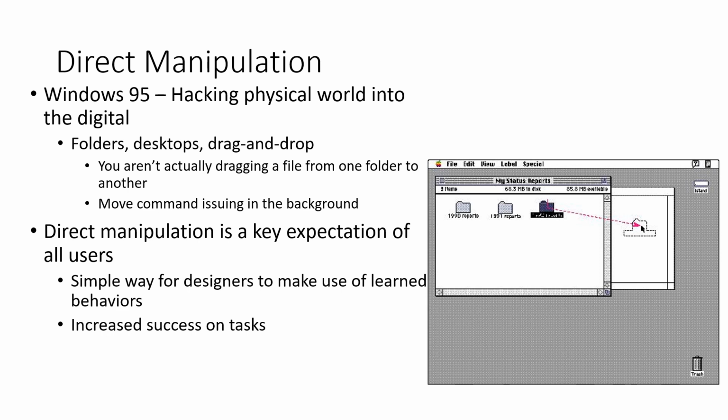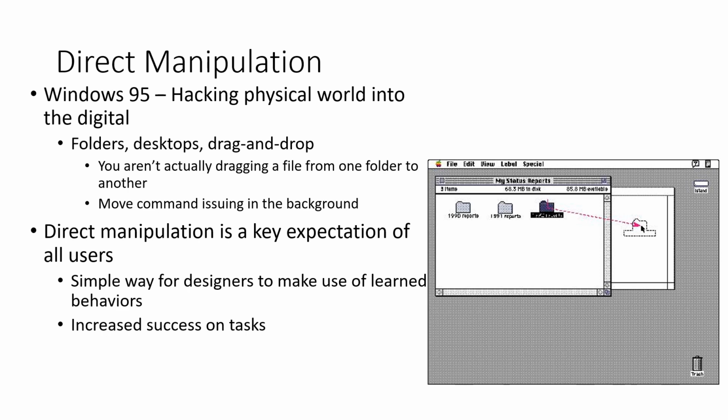So think about it. Does your computer have an actual folder? No, not a physical one, not one that looks like these folders. Desktops, drag and drop, those are things we just think about as aspects of a computer, but those were ways to conceptualize actual functions that your computer's doing.